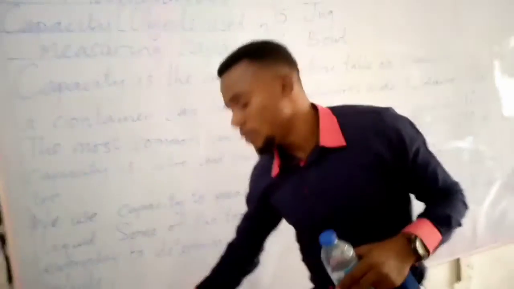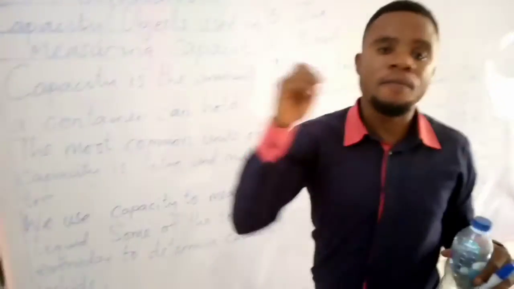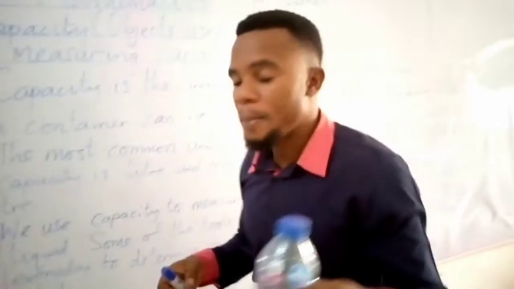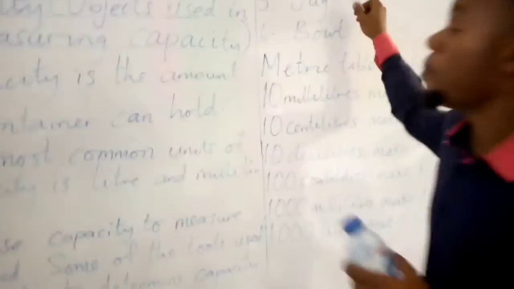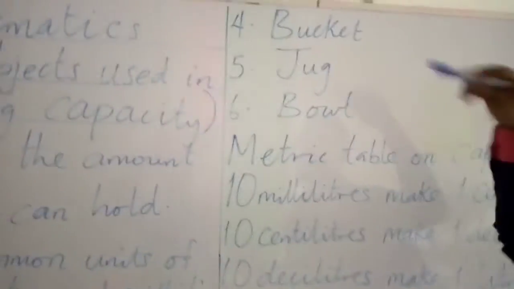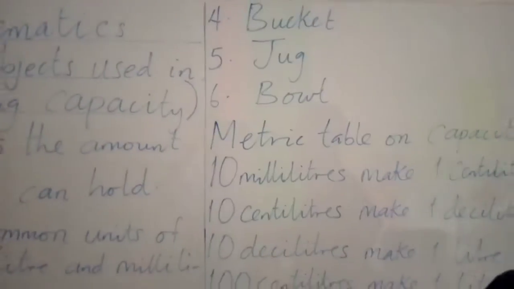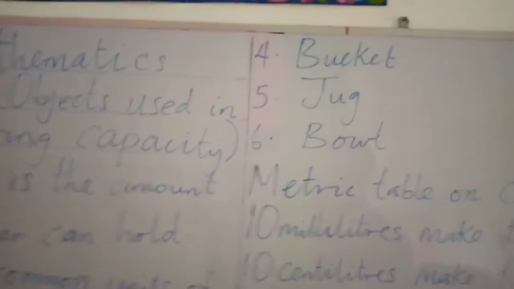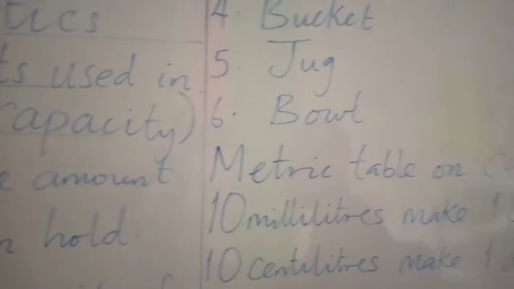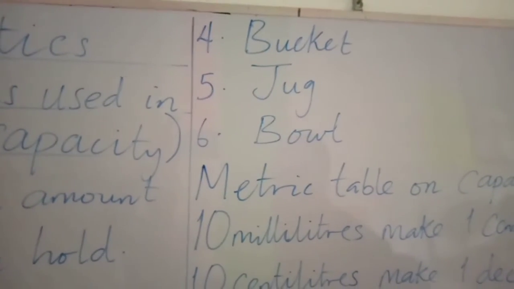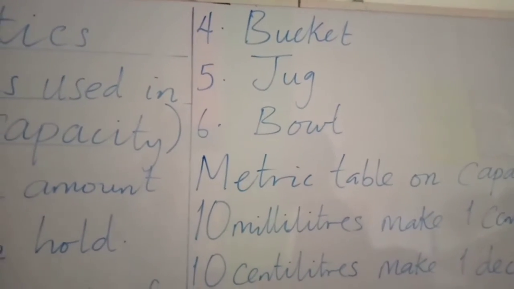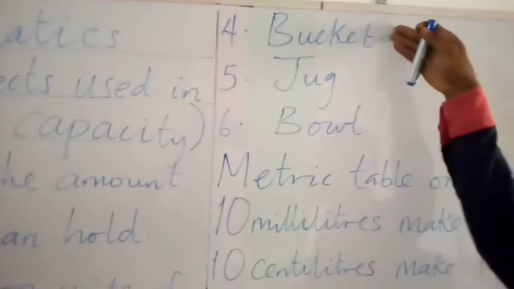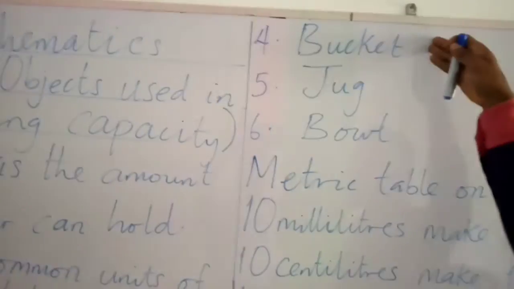So gallons are also a form of capacity. We have your buckets. You use buckets to bathe, to wash, or for other domestic chores, maybe to put your soap to mop the floor. So you use your capacity, which is your bucket.